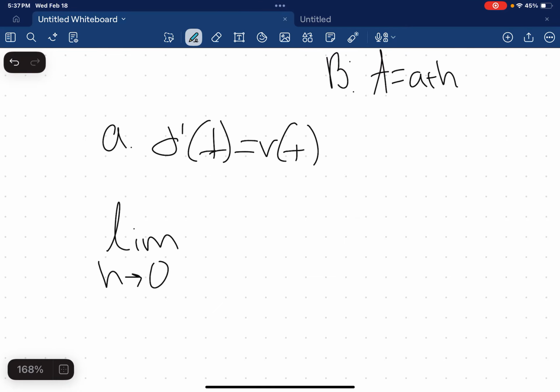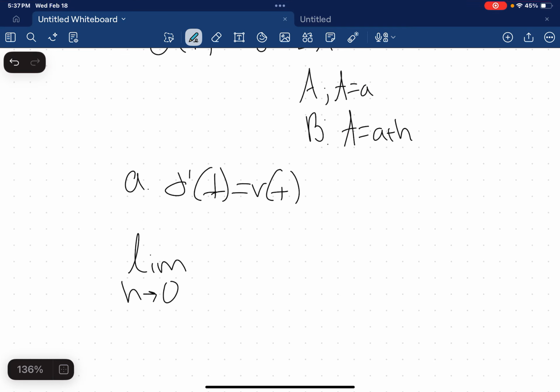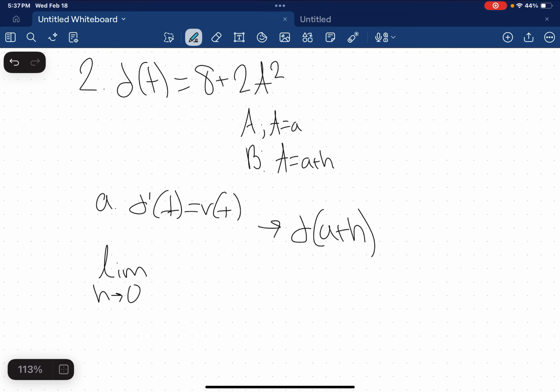From A to B, it's just going to be d of A plus h, which I need to find real quick. This is ugly, give me a second to rewrite this. What is this lag?